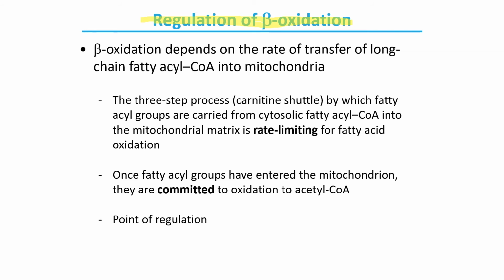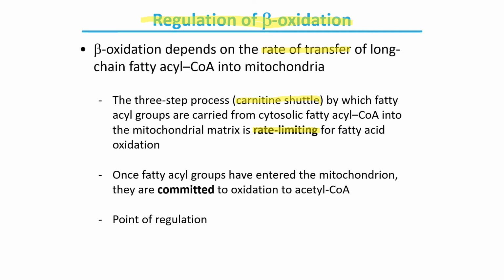The whole pathway is controlled by the rate of the transfer of the long chain fatty acids into the mitochondria, and this is what we call the rate limiting step. This three-step process of transfer is known as the carnitine shuttle, which we discussed in detail. So if we want to activate beta oxidation, we will increase this transport from cytoplasm into the mitochondria.